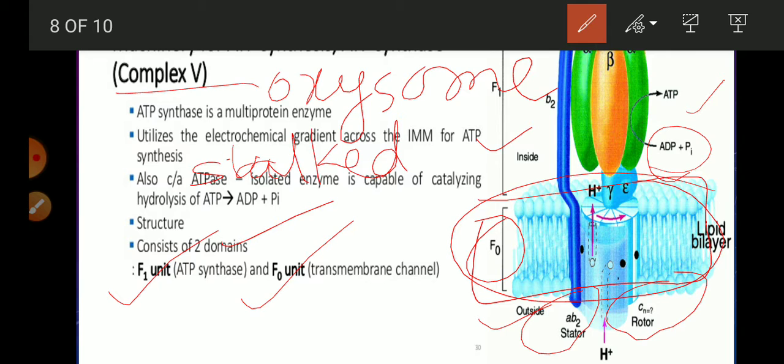It has alpha, beta and gamma subunits, and the B2 complex is part of the stator, which drives the movement of this whole apparatus, present inside the inner membrane of the mitochondria.